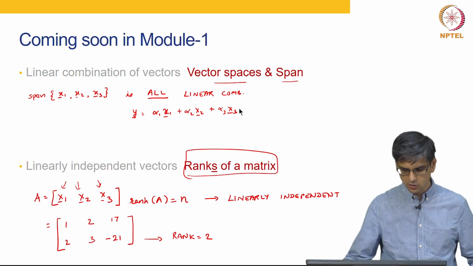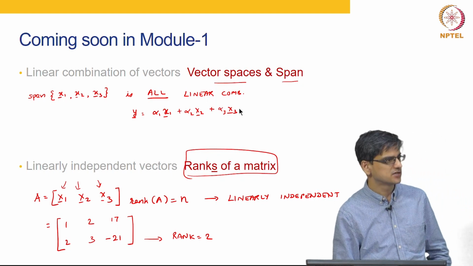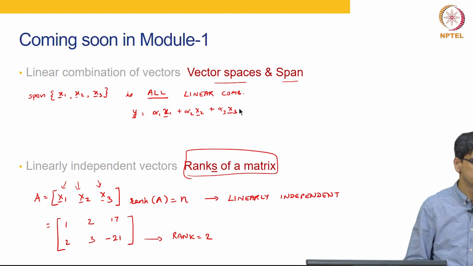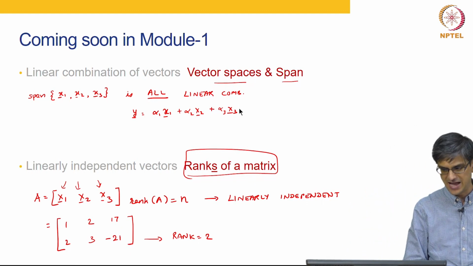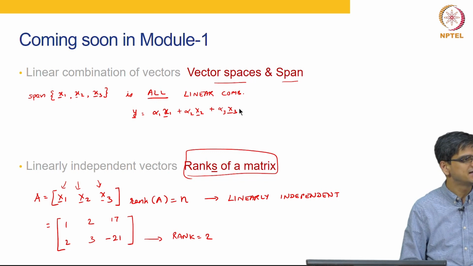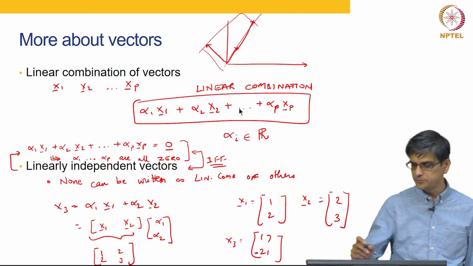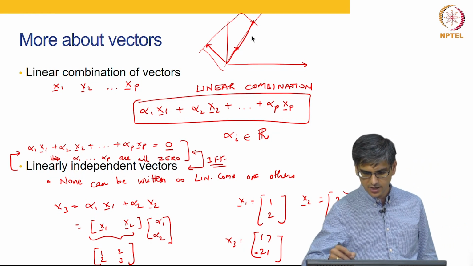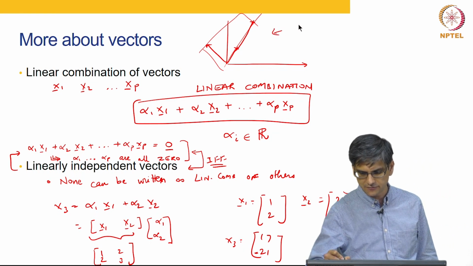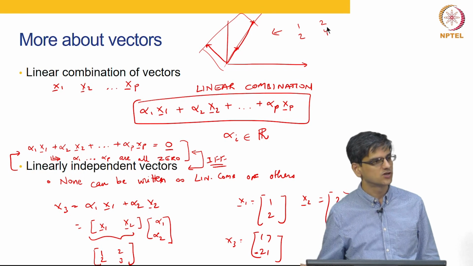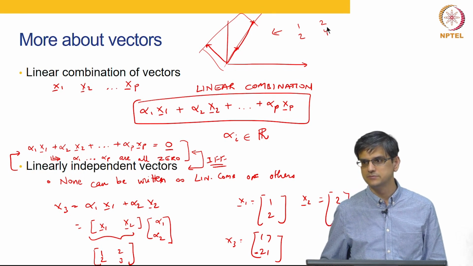Now, because these 3 vectors were in a 2-dimensional plane, the span of these 3 vectors is the entire 2-dimensional plane. If we go to the previous slide, the 2 vectors were 1, 2 and 2, 4. What is the span of those vectors?